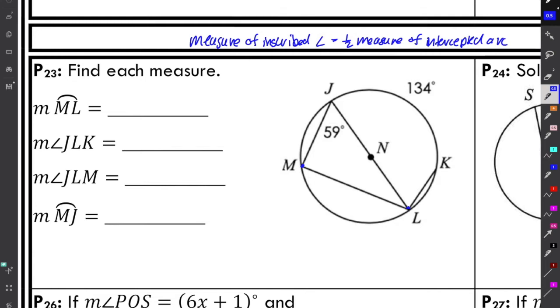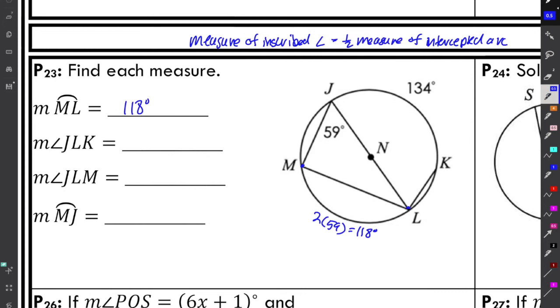So 59 times 2 is going to give me whatever this is, and that comes out to be 118. So ML is 118.